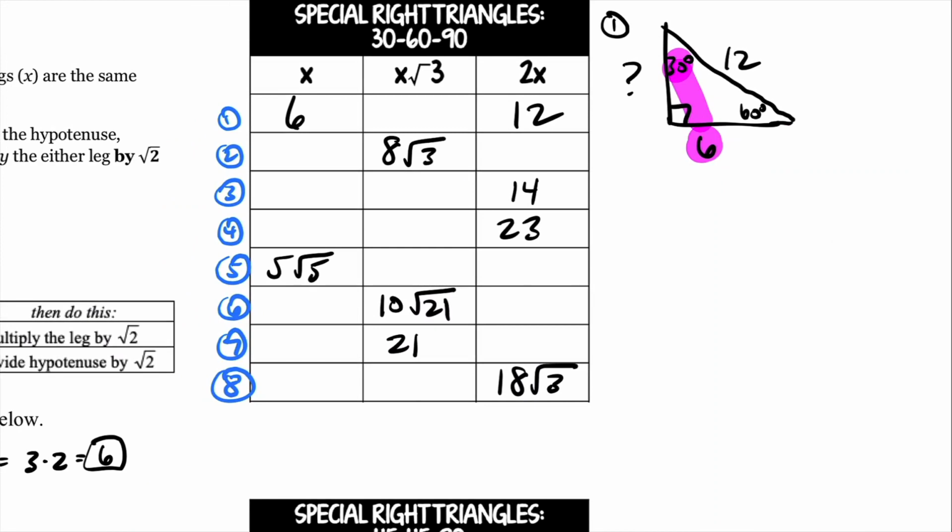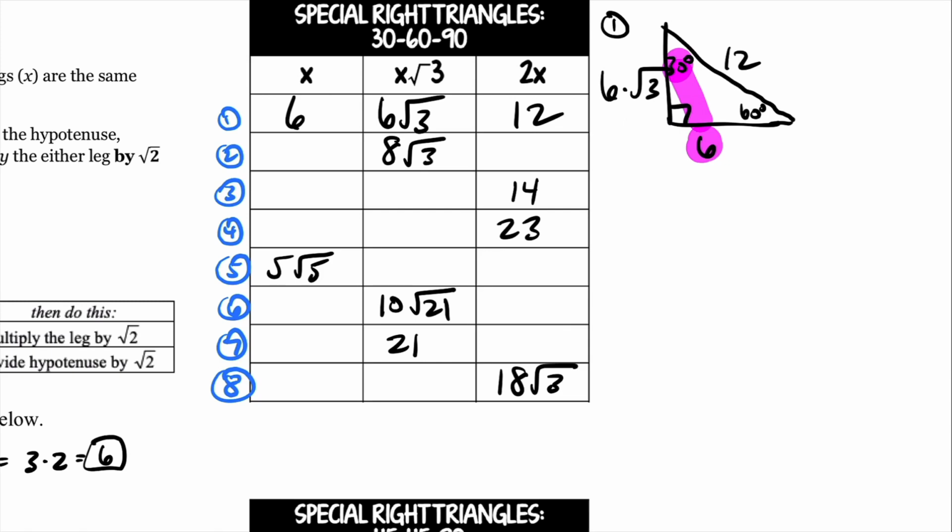So 6 times the square root of 3. Can I multiply the 6 into the 3? No, so that means I just leave it. 6 square root of 3. Those are the 3 sides.